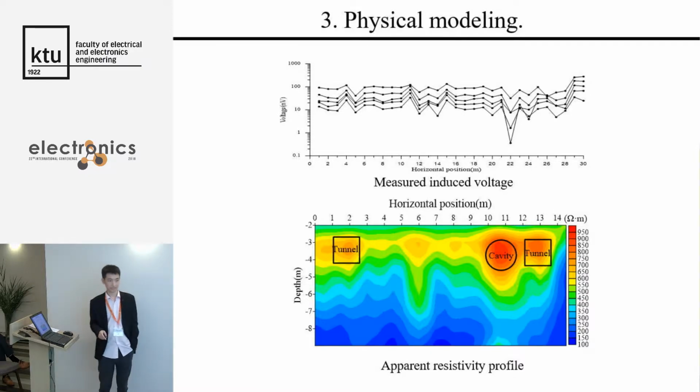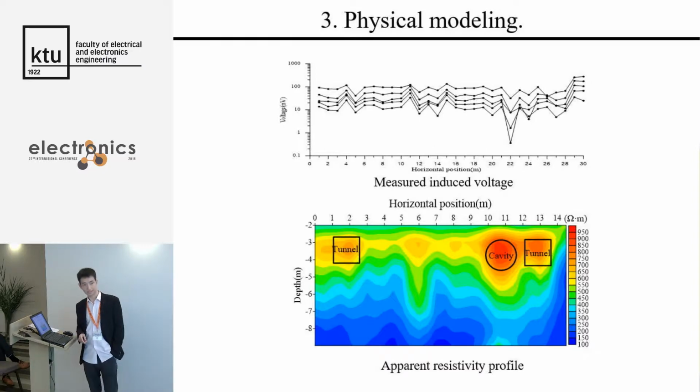In this picture, we can see the high resistivity here, the high resistivity magnetic cavity. This means that through the TEM method, we can detect high resistivity goaf. That's what we can get from this experiment.